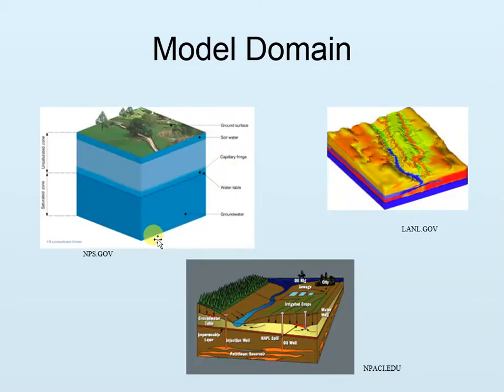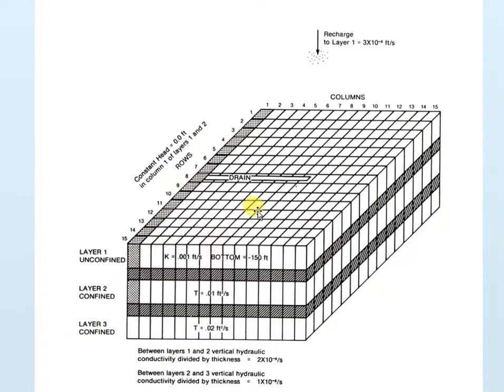In the case of a numerical solution, the model domain is discretized, as is shown in this MODFLOW-based diagram, showing the cells which are labeled by row, column and layer. The cells are then assigned properties such as conductivity or transmissivity, boundary conditions are imposed, and so on.